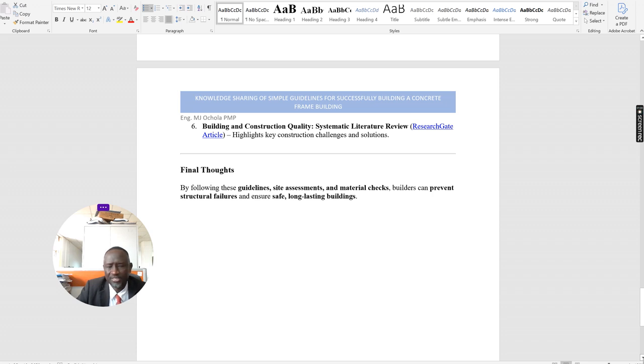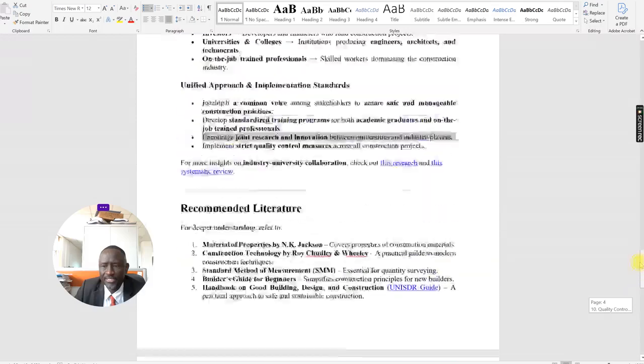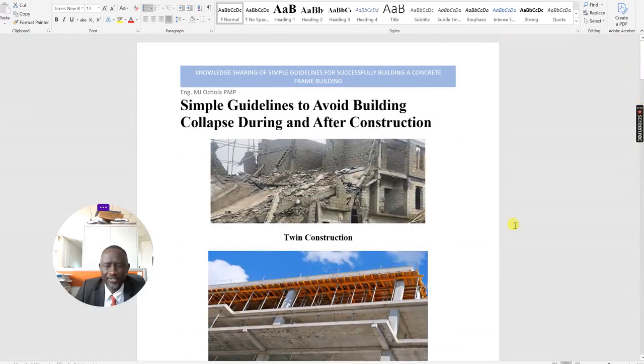Structural engineering is very important, it's very interesting, and we encourage young people to follow it keenly and enjoy. So with that, ladies and gentlemen, this is a quick, simple guideline I generated, which I will also load somewhere as an article for those who can have access, the academia and other places, they can read through.